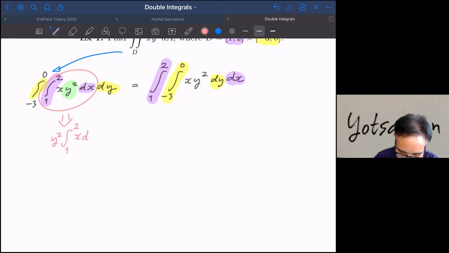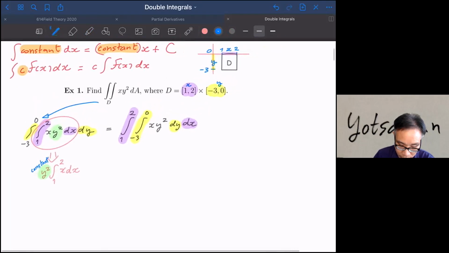You're allowed to move the constant outside by the constant multiple rule.